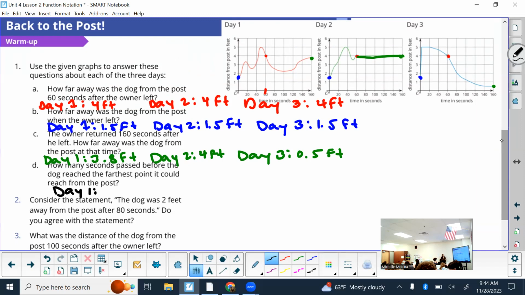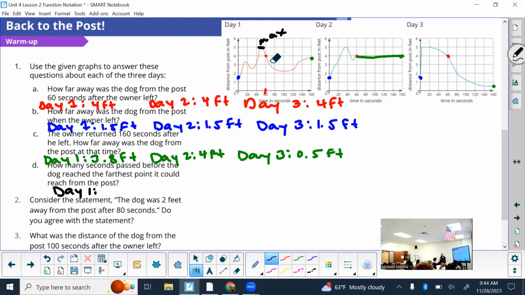If this is my distance from the post in feet, where would he be the farthest? The highest point on the graph. We also call the highest point on the graph your maximum, if you want to add that in. That's going to be a focus later on. But essentially we're asking you what's the maximum. So that would be where the dog was the farthest.